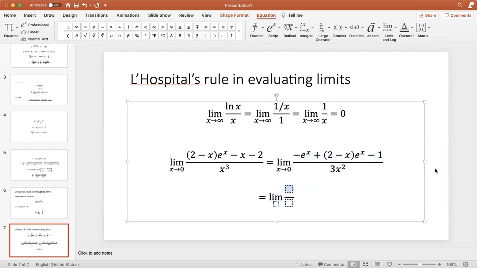of, you take the derivative of the numerator and the denominator with respect to x. Let's start with the denominator because that's straightforward. You'll get 6x, right? Now, if I take the derivative of the numerator, you'll get negative e to the x, you have e to the x plus, again, this needs the product rule.